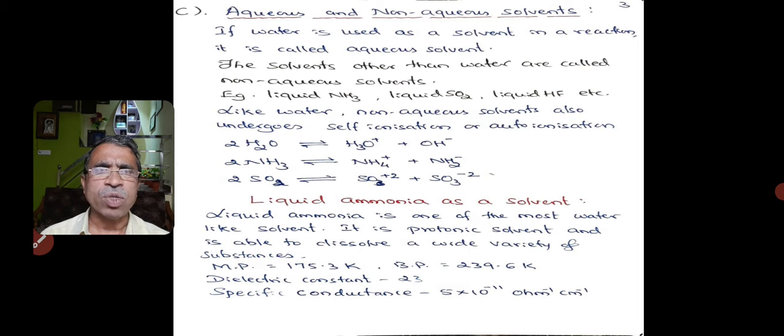Melting point is 175.3 Kelvin, boiling point is 239.6 Kelvin, dielectric constant is 23, specific conductance is 5 into 10 raised to minus 11 per ohm per centimeter.